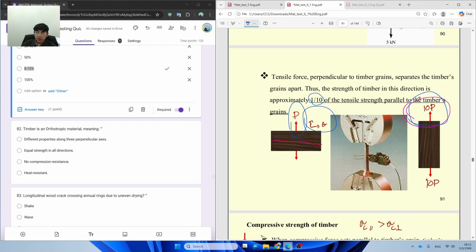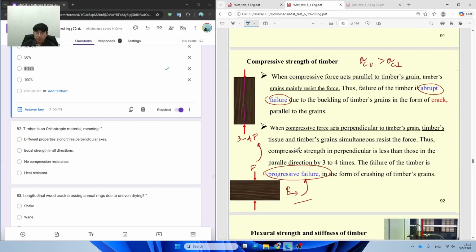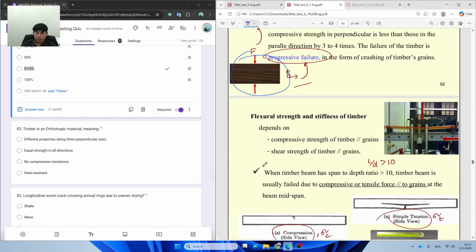So if you test parallel to the grain, the value is going to be approximately 10 times better than perpendicular to the grain. But for compression, the difference is about 3 to 4 times, where parallel to the grain is going to provide about 3 times better than perpendicular to the grain.